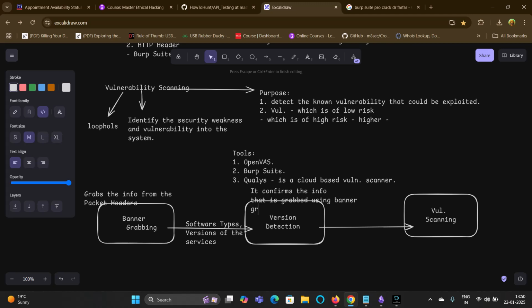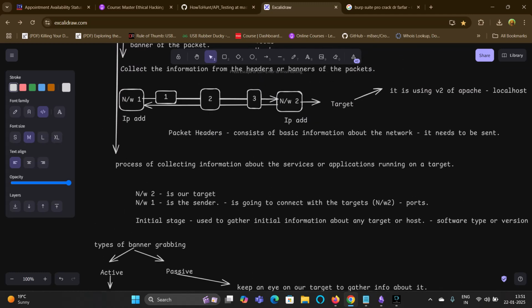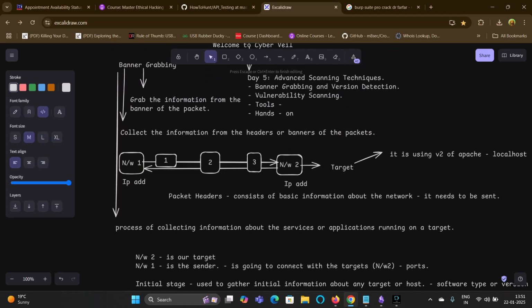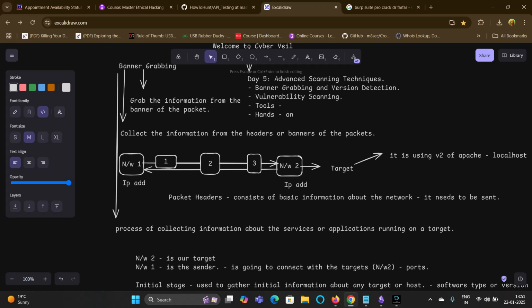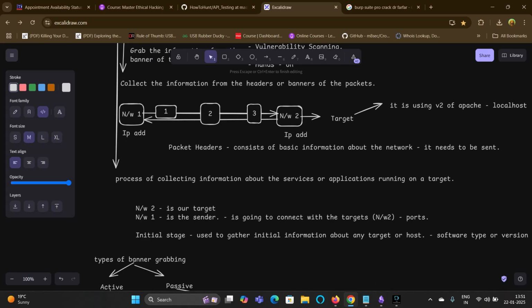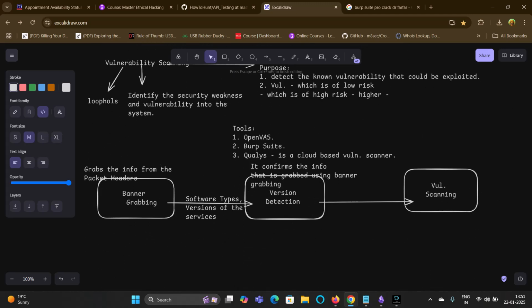So these things are getting connected. As I stated while discussing banner grabbing, it is the initial stage used to gather initial information. So firstly we grabbed the initial information using banner grabbing, then we confirm using version detection whether the information we have grabbed is correct or not. That's how we use version detection.